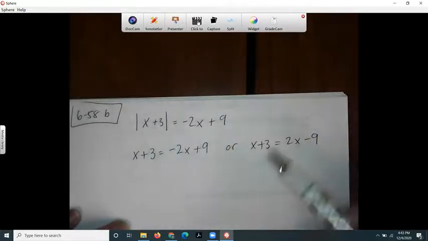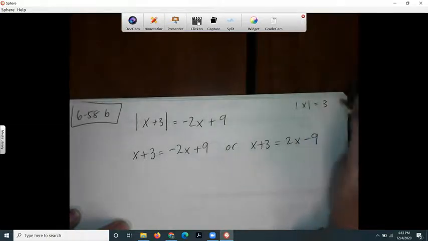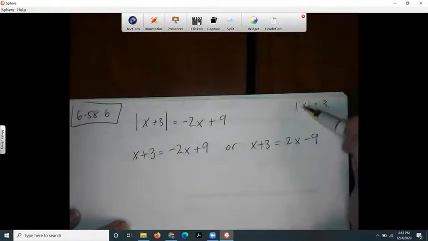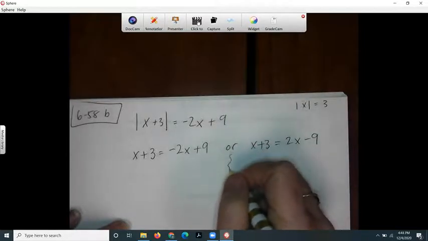Like, you know how when I take the square root of something, like the square root of x equals 3, this could either be positive or negative 3 and the absolute value would still be 3. So that's kind of what I'm doing here.